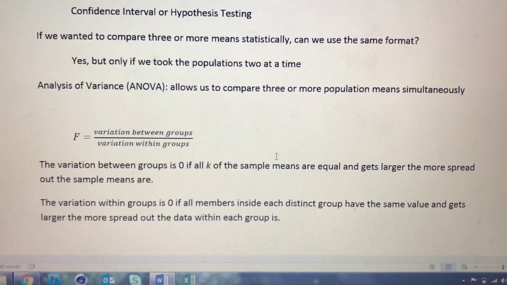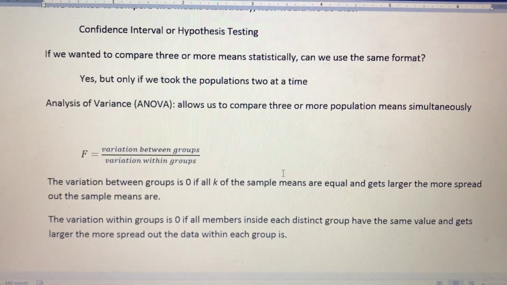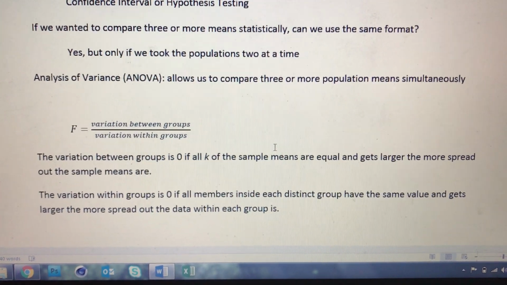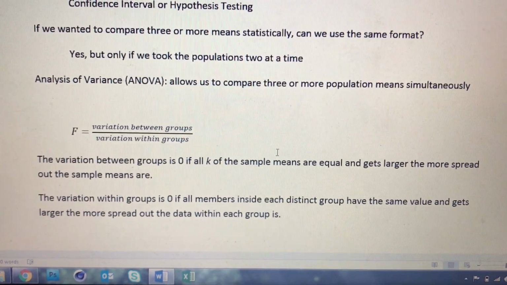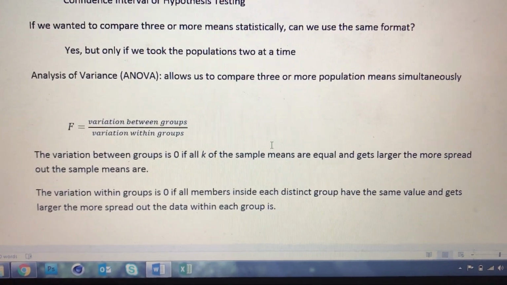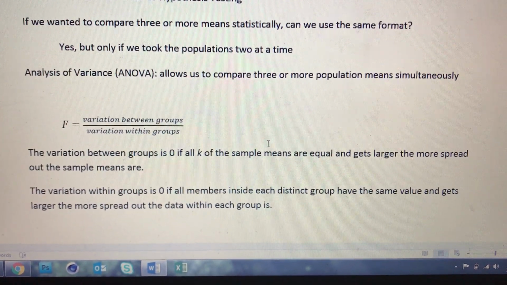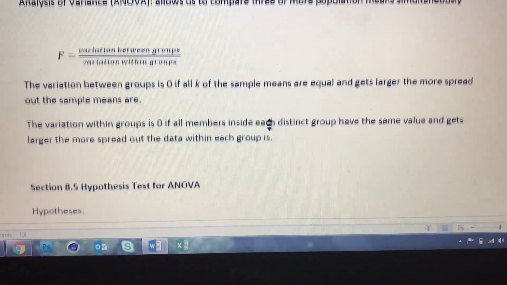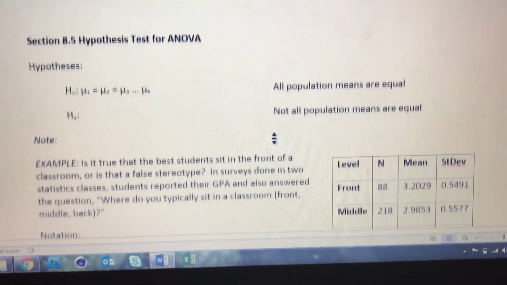Now, that's not the case. Students come in all different heights, whether you're a freshman, sophomore, junior, or senior. So there is some variation between the groups, but there is also variation within the groups as well. So we can at least continue with calculating our F statistic.